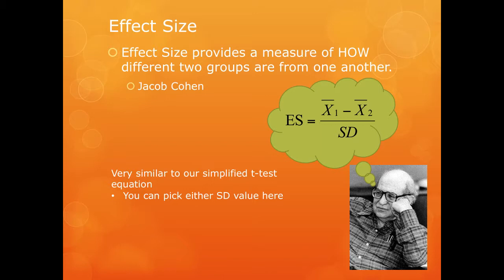Imagine if you have a great difference in your numerator and your variance here is very small, most likely your effect size is going to be pretty large. That means the greater the differences between the two groups, it is simply on the differences, since the variance is not really affecting it.